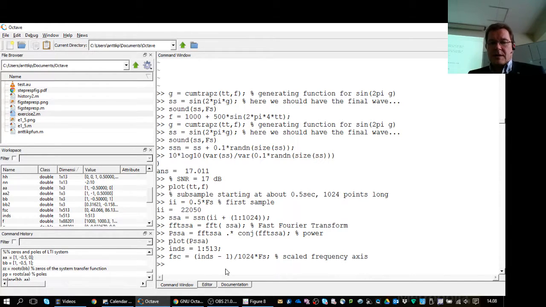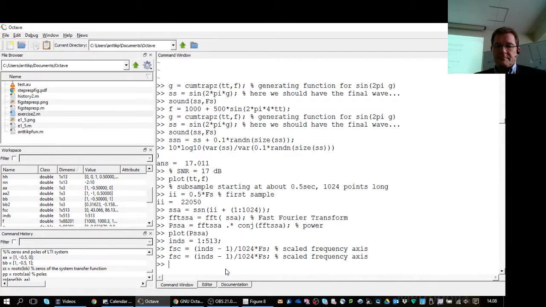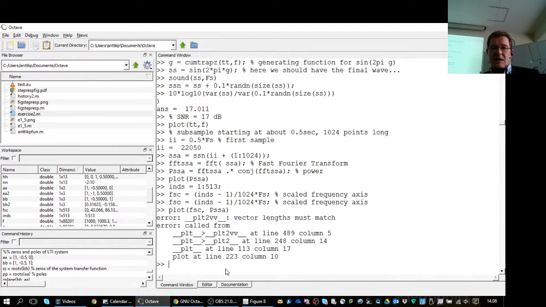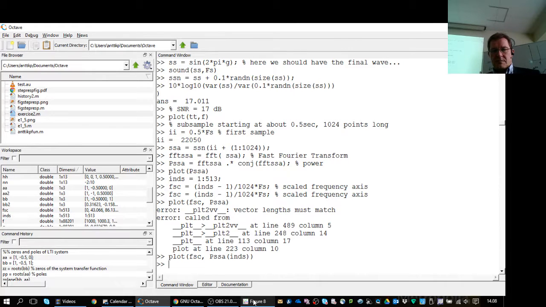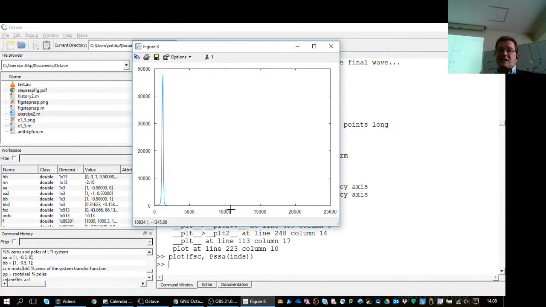So now I can actually plot FSC PSSA Y. Sorry, of course, ins. Same length vector. So this is just the first half.